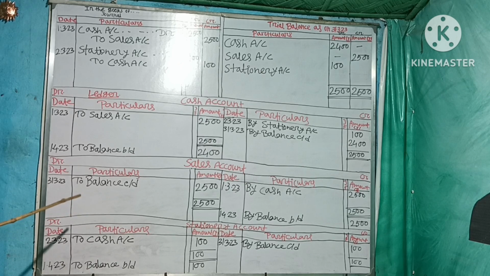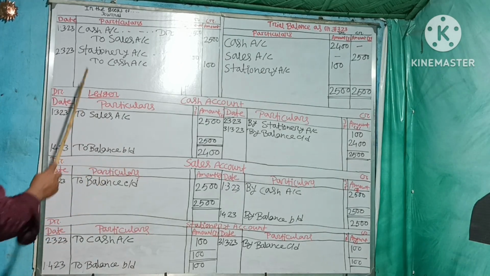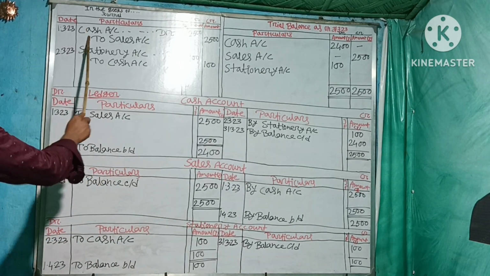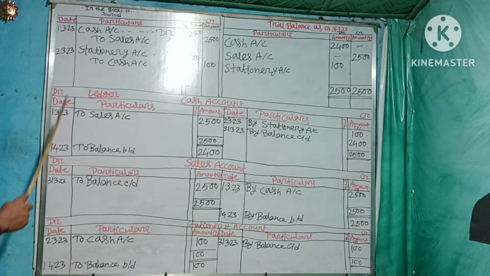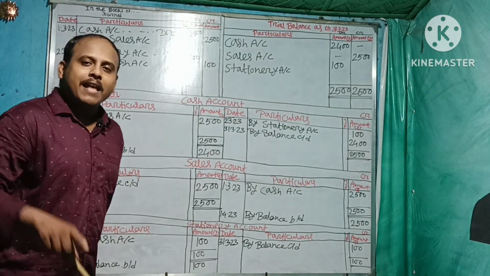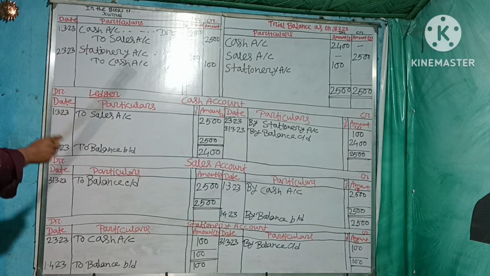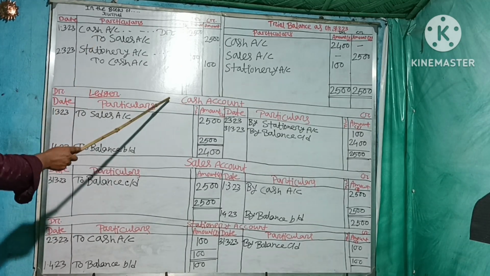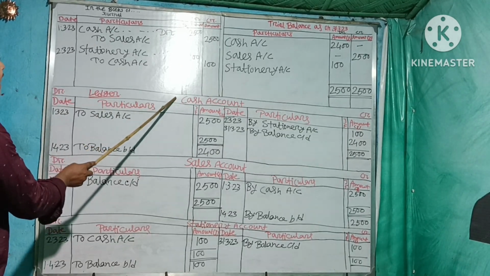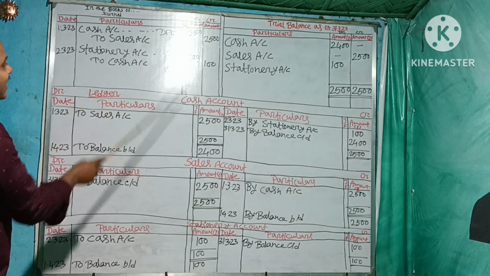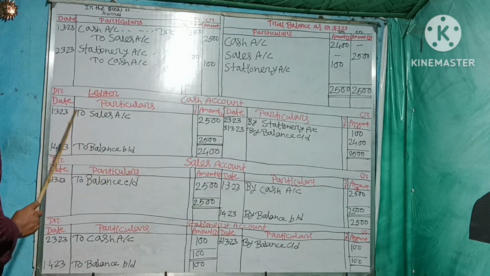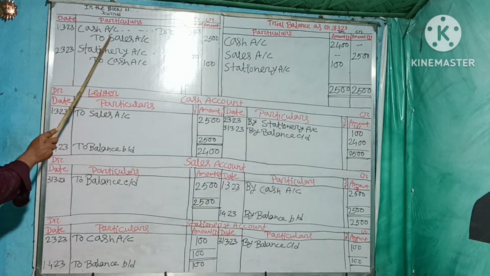Okay. First entry we want to put. First of all cash. Remember that when an account is opened, never put that account within that account. Here we open a cash account; within the cash account we never write cash account again. We write the opposite of that account.